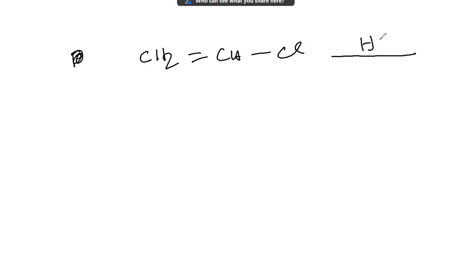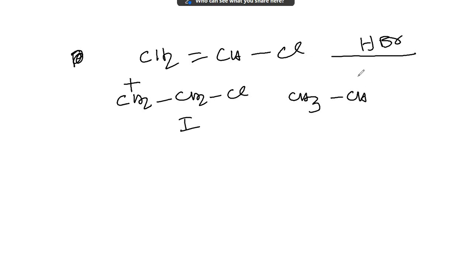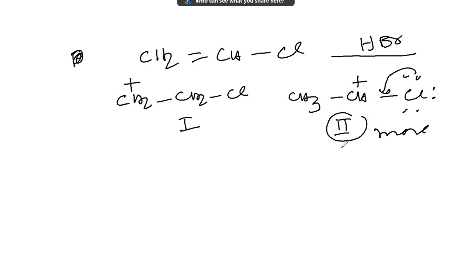If we add HBr, in this case also there are two possibilities of forming a carbocation, either this one or the other, where the unshared pair of electrons comes into resonance, making it stabilized. So in this case this will be the more stable, and Br minus will attack over here, so it gives you this as the major product.